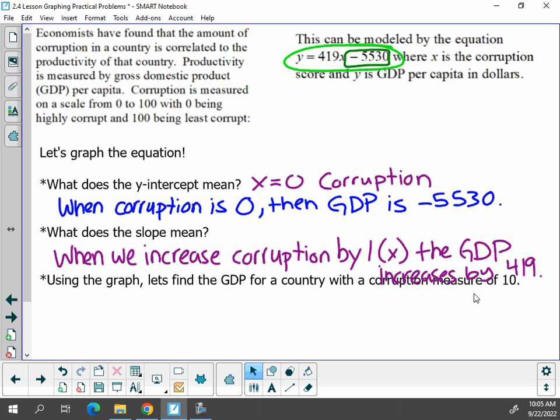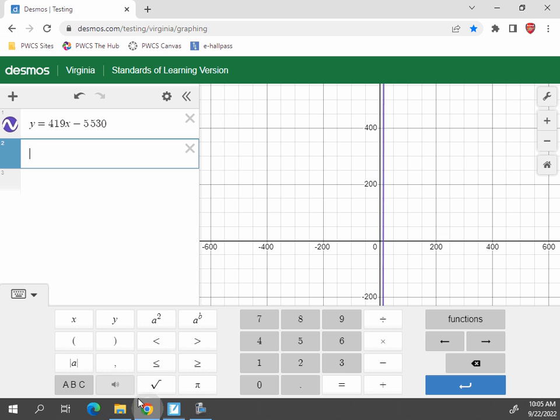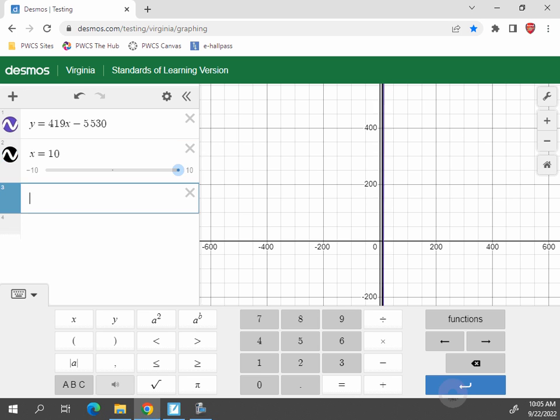And lastly, we want to find the GDP for a country with a corruption measure of 10. So I have my line graphed. It looks like it's a straight line, but it's just because our numbers are so big that we can't see how slanted it is. But I can tell it that X equals 10. Corruption measure is our x value, and so we can find the point where x equals 10 crosses our line.